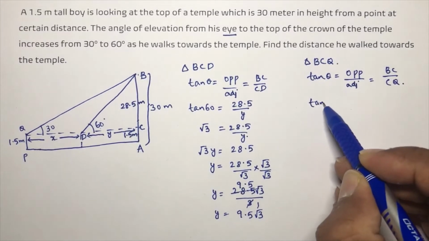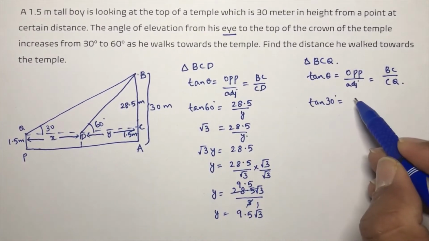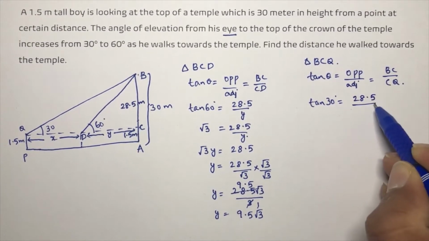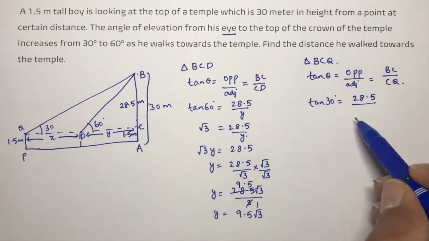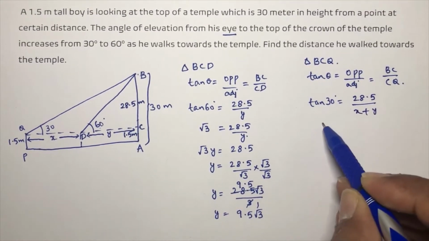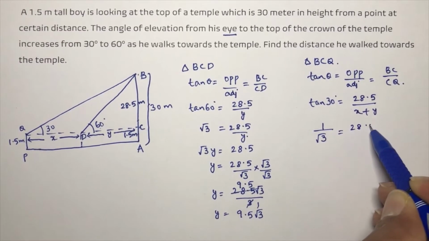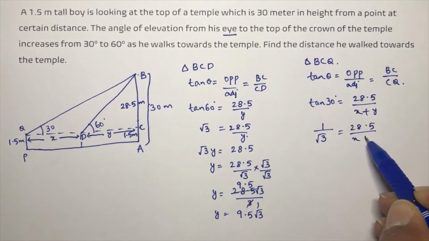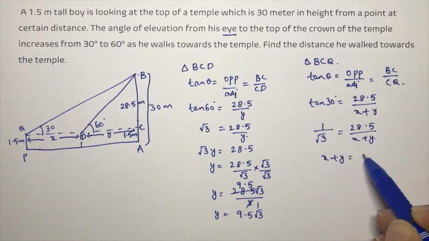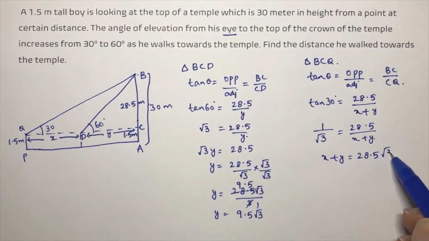So tan 30 degrees is BC, which is 28.5, by CQ, which will be like x plus y. Tan 30 value is 1 by root 3 equals 28.5 by x plus y. If you cross multiply, x plus y is 28.5 into root 3.